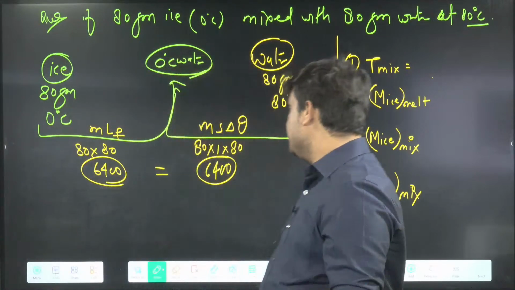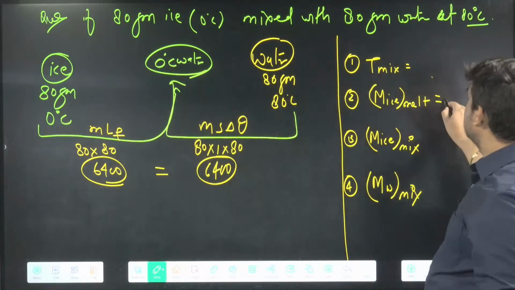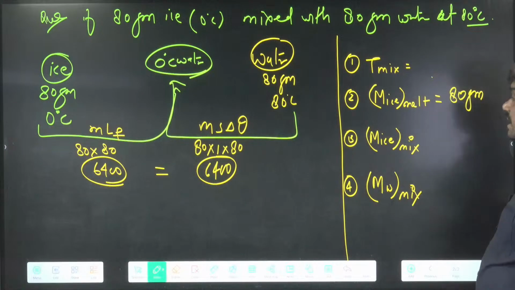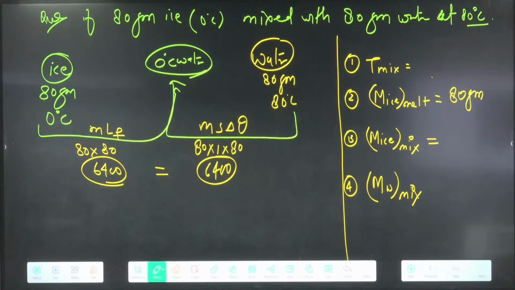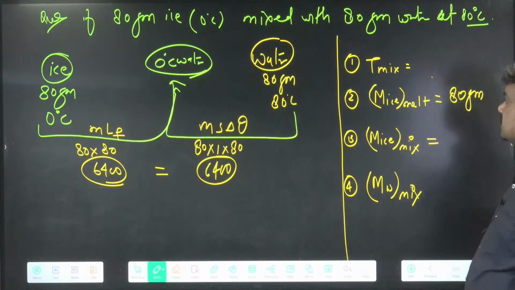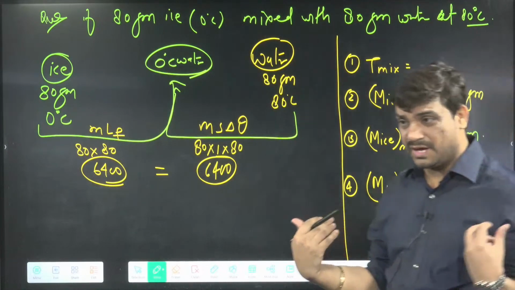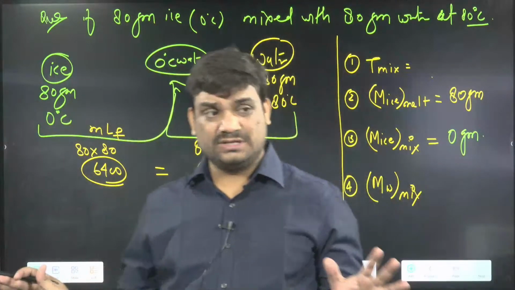So here, the mass of ice that will melt is 80 gram. Full ice will melt here, 80 gram. How much ice will be there in the mixture? In this case there will be no ice left, because total ice already melted, so there is nothing left.